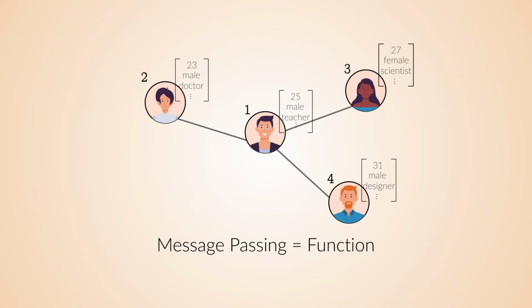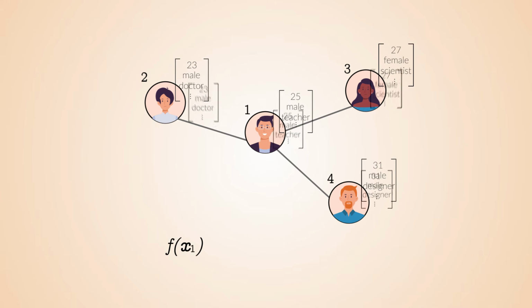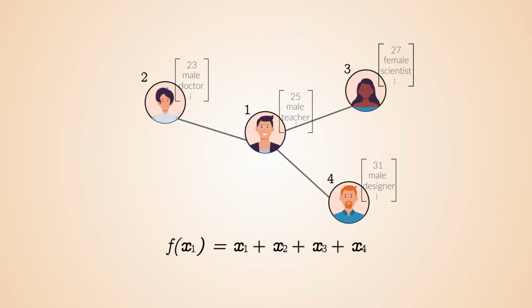Message passing is actually a mathematical function, which we call f, to update the receiver node using the messages from each neighboring sender node. In this case, the receiver node is Andy. Note that this aggregation includes the receiver node itself. In most cases, we will want to give different importance values to each neighbor.